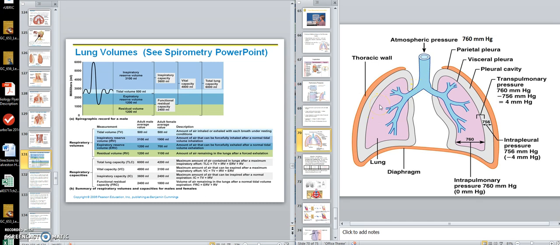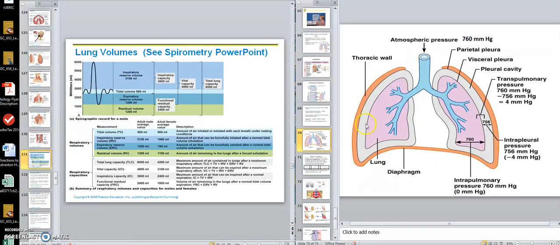Nose and mouth open, not breathing in and out. So 760 all the way down. Okay? So that's where we are. Now that's inside the lung. Intrapulmonary, 760.